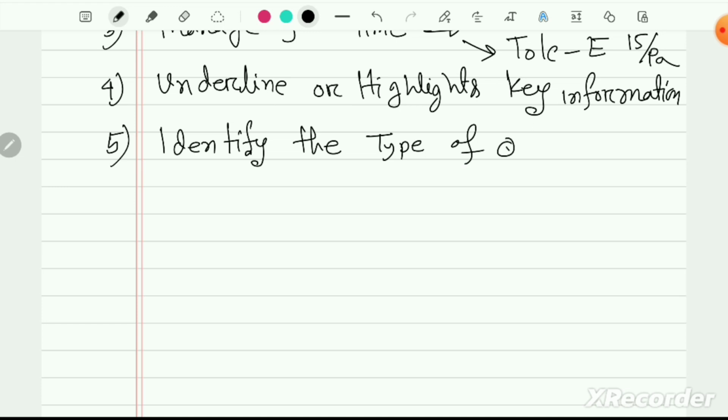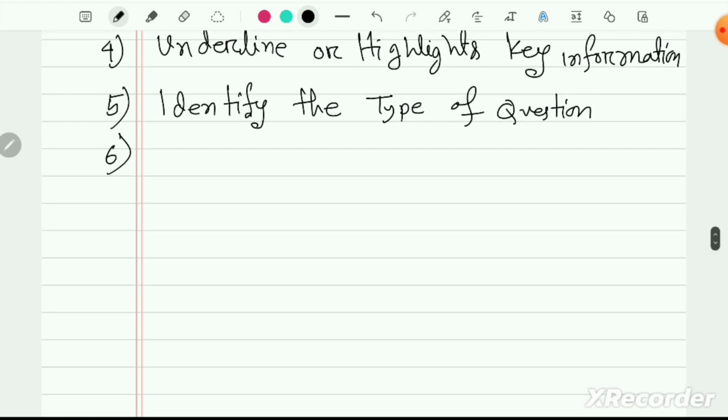In the IELTS exam, there are different types of questions, for example true, false, not given, finding the headings and fill in the gaps. But in our TOLC-E or TOLC-I exam, the English reading comprehension isn't so difficult. It's very straightforward, so the questions are very similar in all cases.